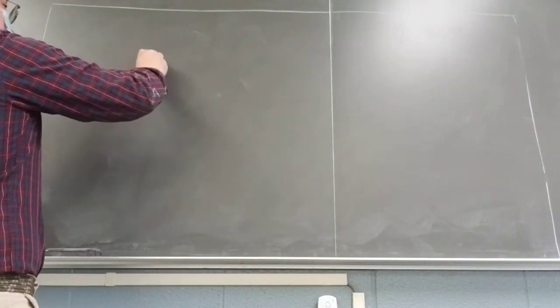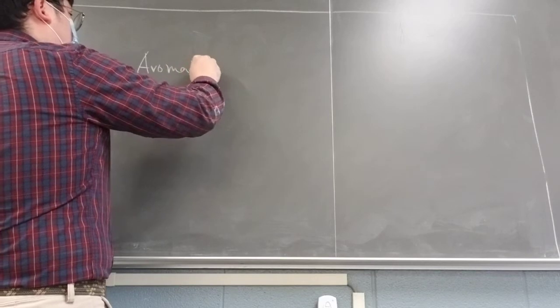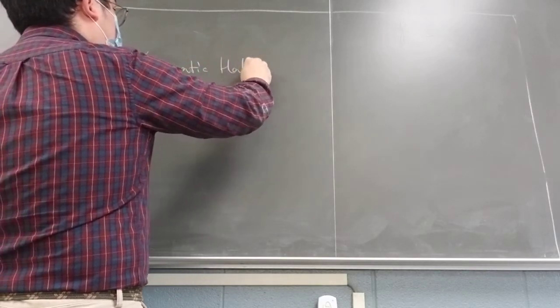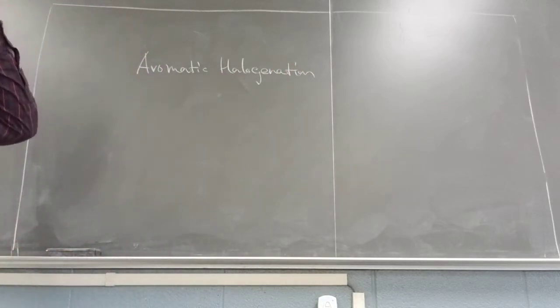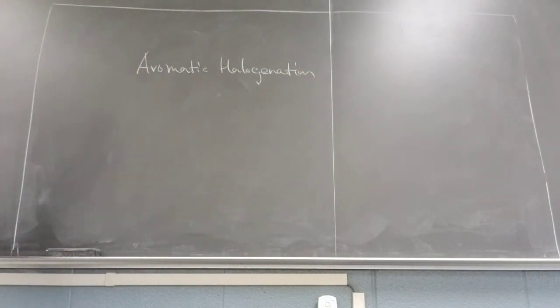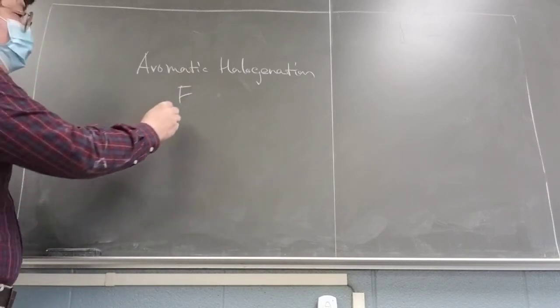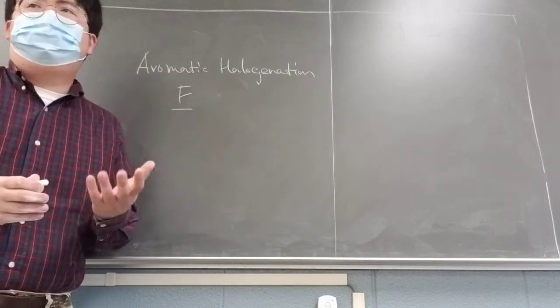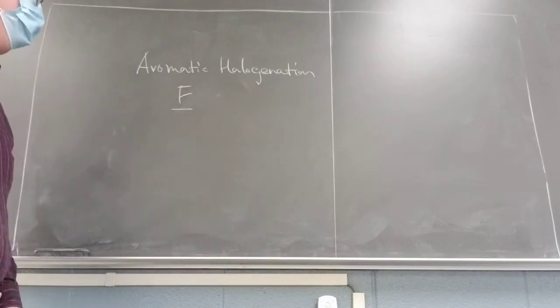If there's an aromatic, we just went over the aromatic bromination. How about the other aromatic halogenations? Okay. So the fluorination, when I fluorinate the compounds, as you know, fluorine is very unstable because it's very small, if you look at the periodic table, and very highly electronegative.